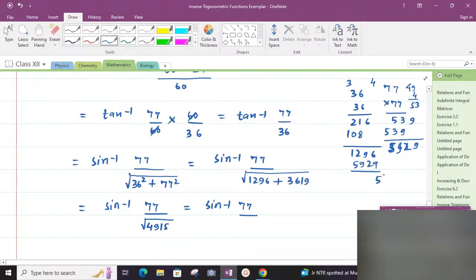Here will be 5, 2, 7, 2, 2, 5. So we write down here 7, 2, 2, 5. The square root of this one will be 85. So this is the RHS proof.